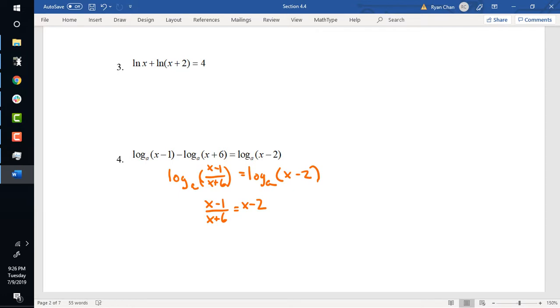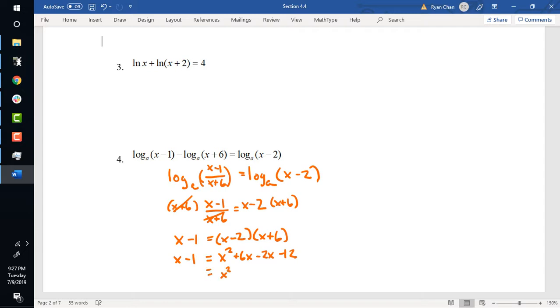Okay. So let's talk about how we solve this. We remember, if I have a fraction, I want to get rid of the denominator. So I'm going to multiply both sides by x plus 6. I'm going to distribute this. So I have x squared plus 6x minus 2x minus 12, x minus 1.